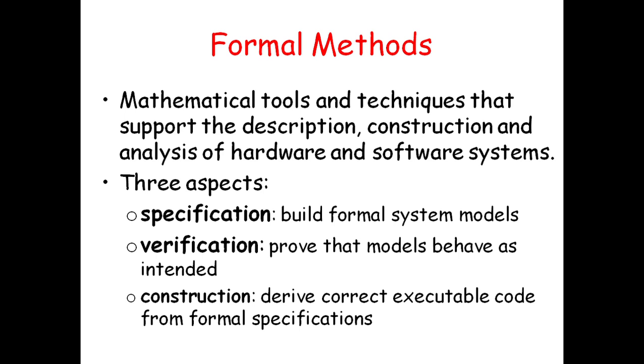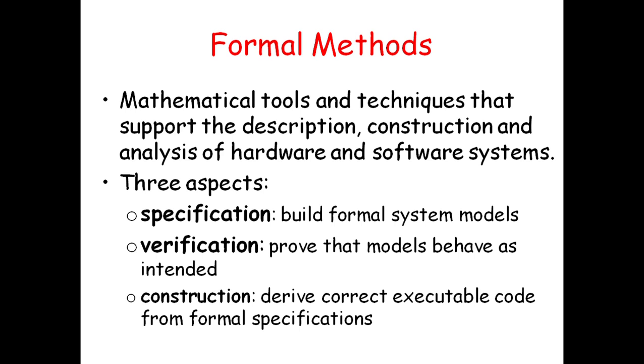So mainly there are three aspects of formal methods. First, specification: a formal model of the system under verification, or the system of interest, is created using the logic of the formal method.